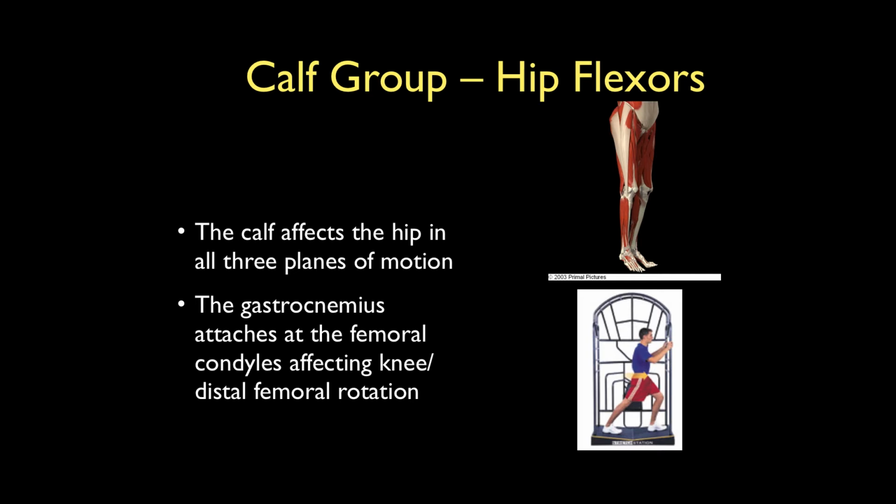The gastrocnemius attaches at the femoral condyles, affecting the knee and the distal femoral rotation. In other words, as the calf and the gastroc in particular is eccentrically loaded, it will extend the knee. It will pull the femoral condyles posteriorly, which causes knee extension, which will also enhance hip extension.